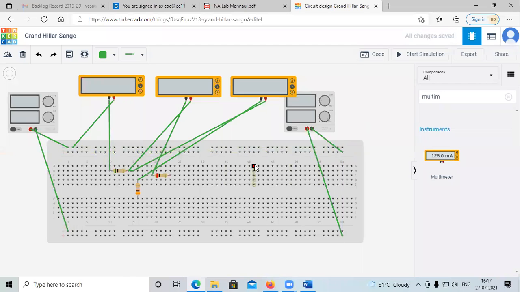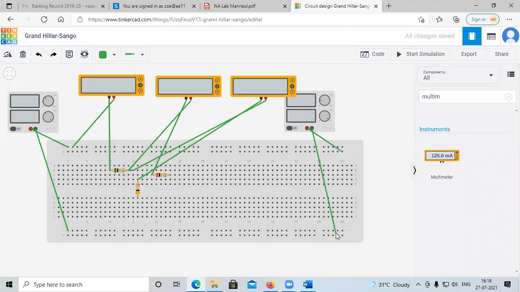Okay, now the positive terminal can be connected here, and the negative terminal can be connected here. Okay, now see this terminal of the resistor, it can be connected to the positive terminal of the second power supply.